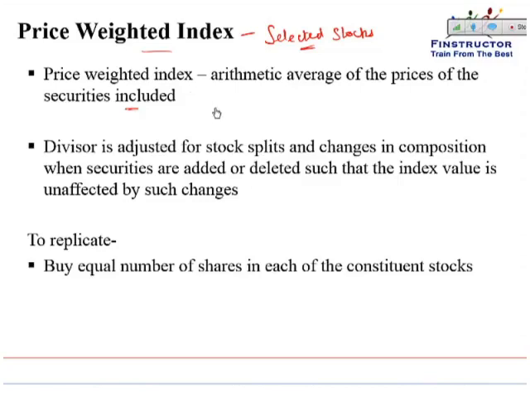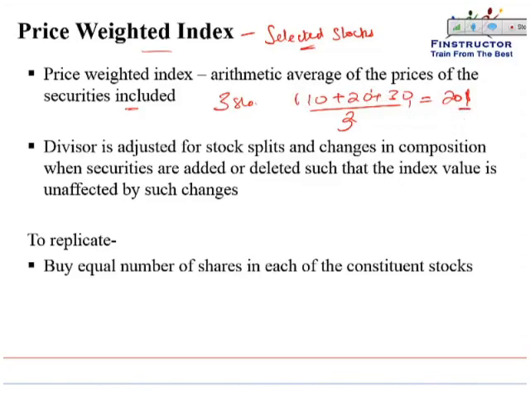So if you've constituted the index with 3 stocks whose prices were 10, 20 and 30, then the value of the index to begin with would be 10 plus 20 plus 30 by 3, that is $20. Subsequently, as the prices of these stocks change, the index value will also change.